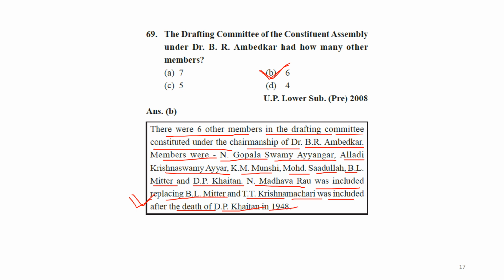So D.P. Khaitan had died and was replaced by T.T. Krishnamachari, and N. Madhav Rao replaced B.L. Mitter. So there were a total of 6 members apart from B.R. Ambedkar in the Drafting Committee. Please remember.